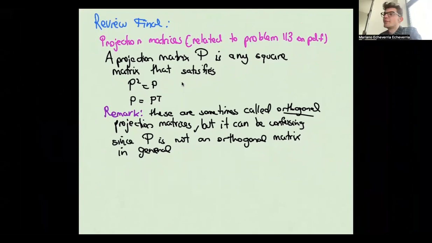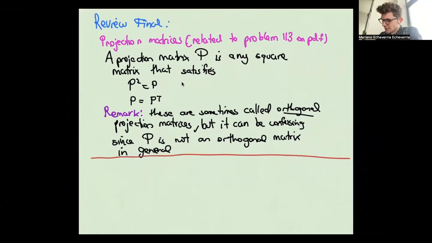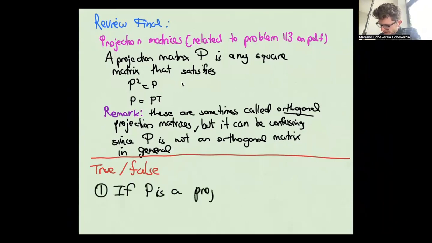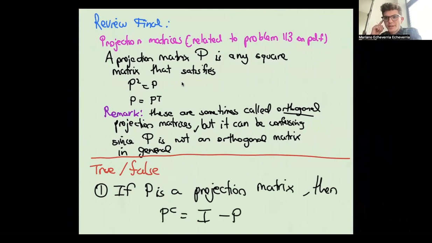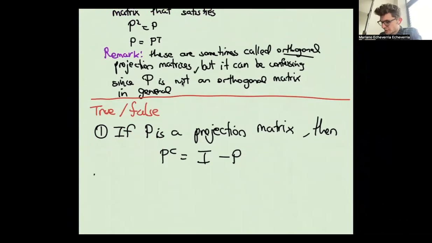I thought this could be fun to begin with because it's a bunch of easy true false questions about projection matrices, related to problem 113 on the PDF. The first true false: if P is a projection matrix, then the identity minus P is a projection matrix as well.